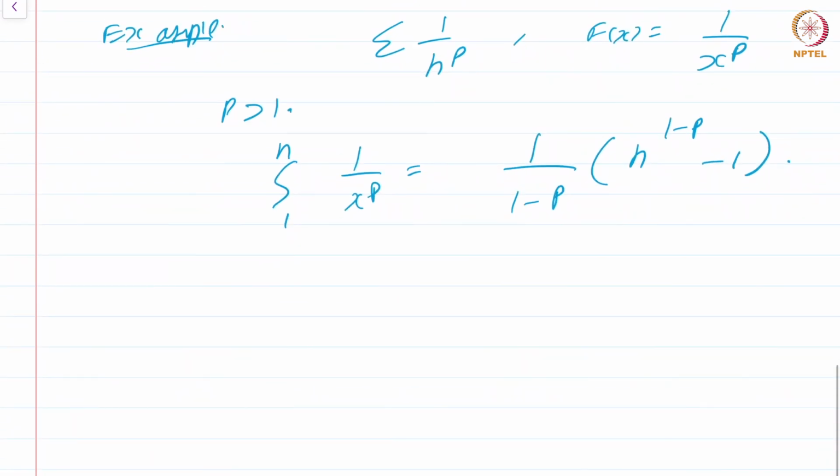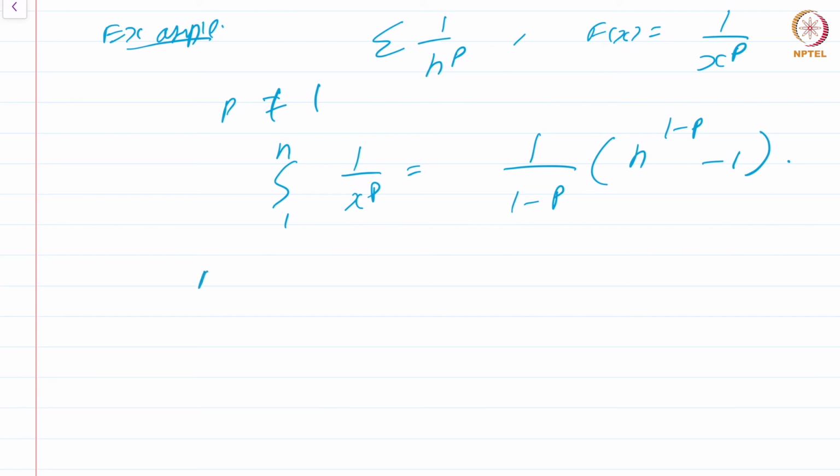In fact, for this we don't need to assume p greater than 1, we just need to assume that p is not equal to 1. When p is equal to 1, what I have written is not correct. The integral of 1 by x is actually log x and not the formula that I have written.